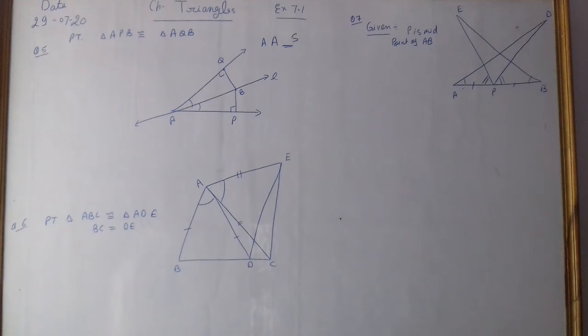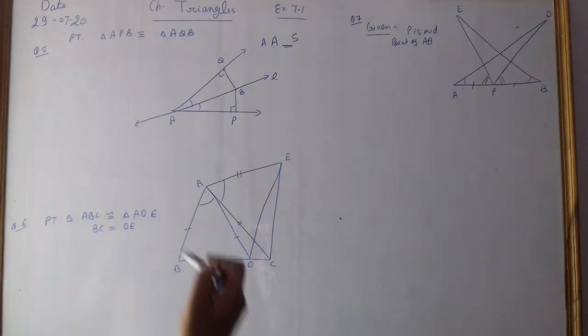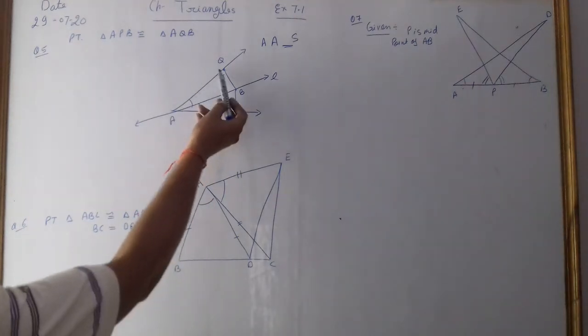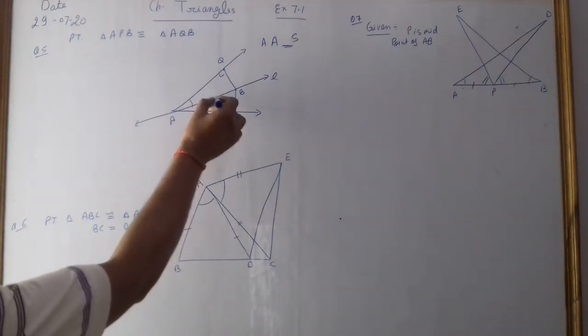Have you remembered the AAS rule? What was the AAS rule? That is angle, angle and then side. Just see this side AB.